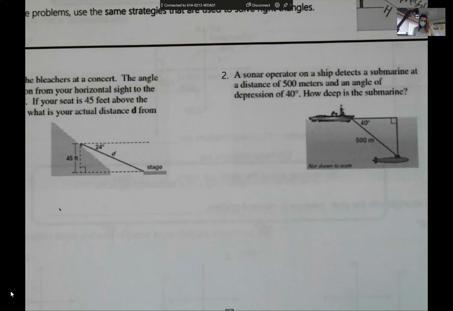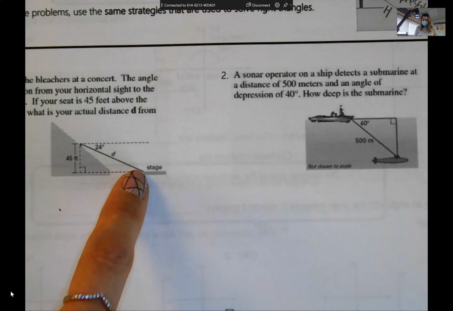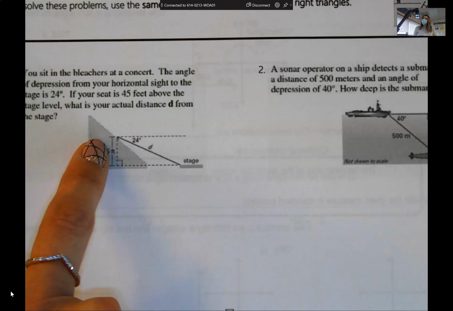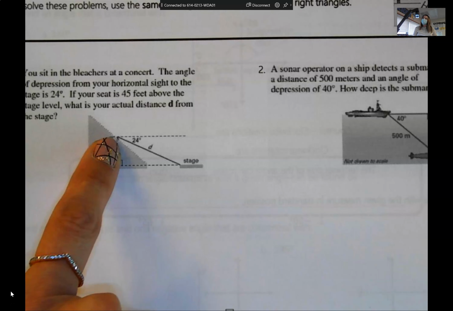The angle of depression from the horizontal sight to the stage is 24. So you're right here. It's like an amphitheater, like USANA or Rio Tinto, and you are looking down to the stage.